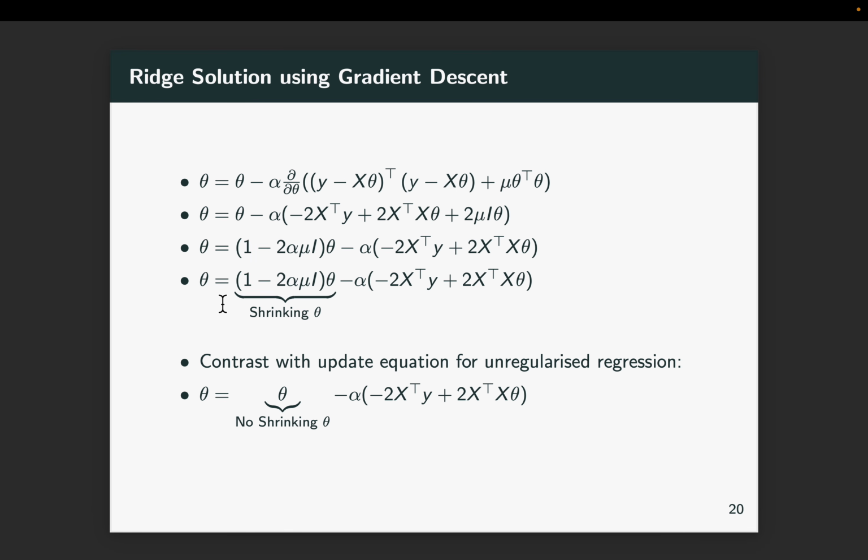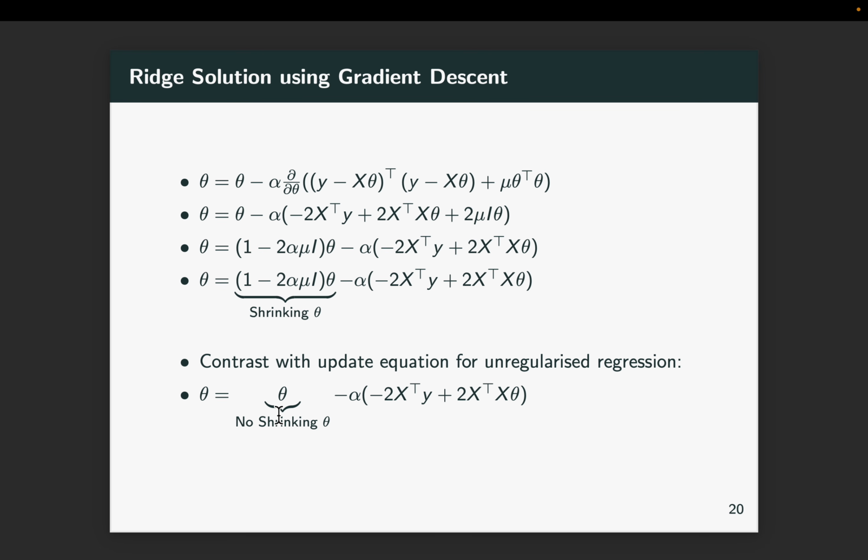Whereas if you have ridge regression, or L2 regularized linear regression via gradient descent, you get new value of theta equal to old value of theta scaled down by some factor, which is a function of mu, minus alpha times the gradient of the data fit term, right. So you have two terms as before. In unregularized there is no shrinkage, in this there is shrinkage.